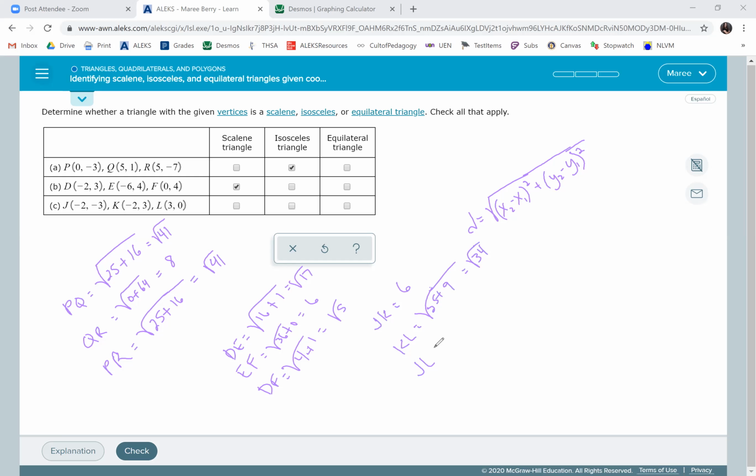So square root of 34 for KL. Now I'm going to do JL. The x's are 5 apart, so 25, and the y's are 3 apart, -3 and 0 is 3, so 9. Square root of 34. So again, we have an isosceles triangle.